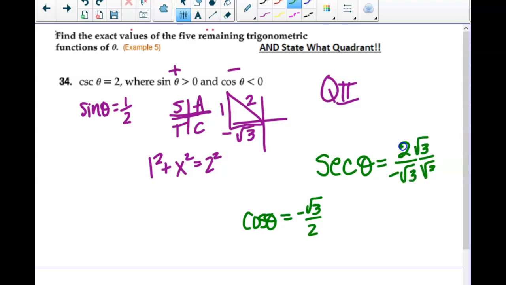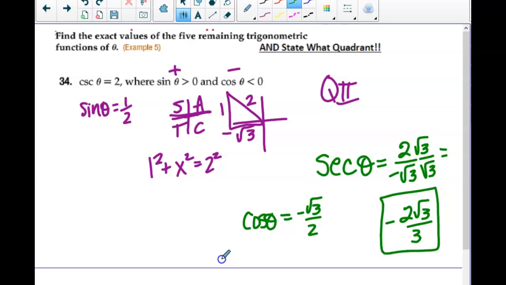Good choice if you want a disgusting answer, right? 2 square roots of 3 over 3, but it's negative. Actually I don't think any of them were going to come out very nice. Well, let's see, adjacent over opposite, cotangent would have been negative square root of 3 over 1.